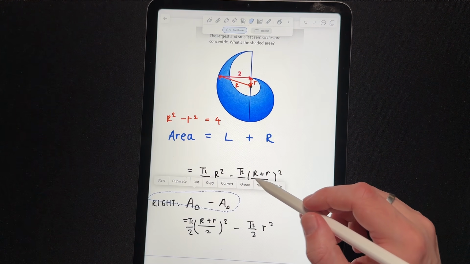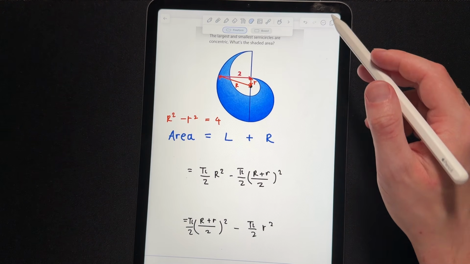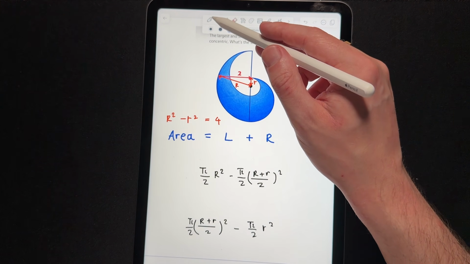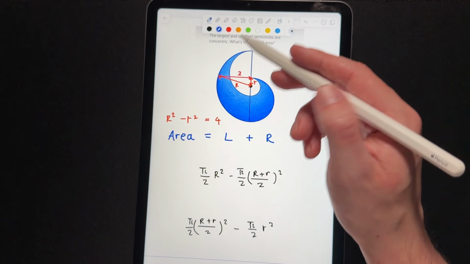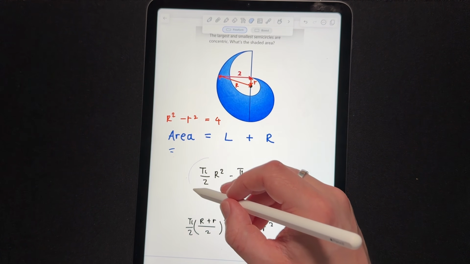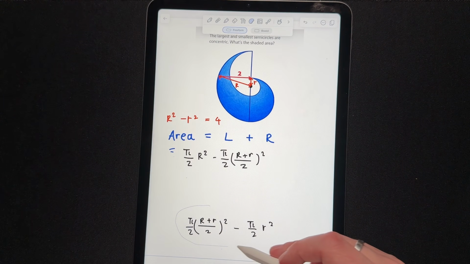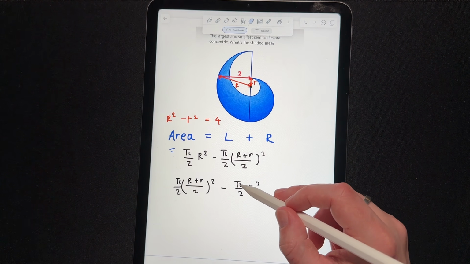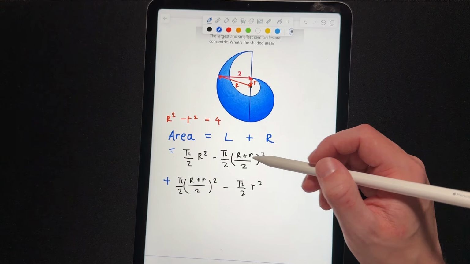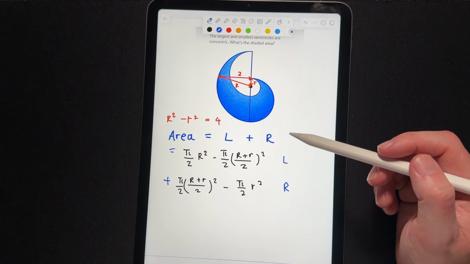Right blue side. So we can now say that the area is going to equal this plus this, and that is because this is the left and this is the right. So we add them together to get the total area.